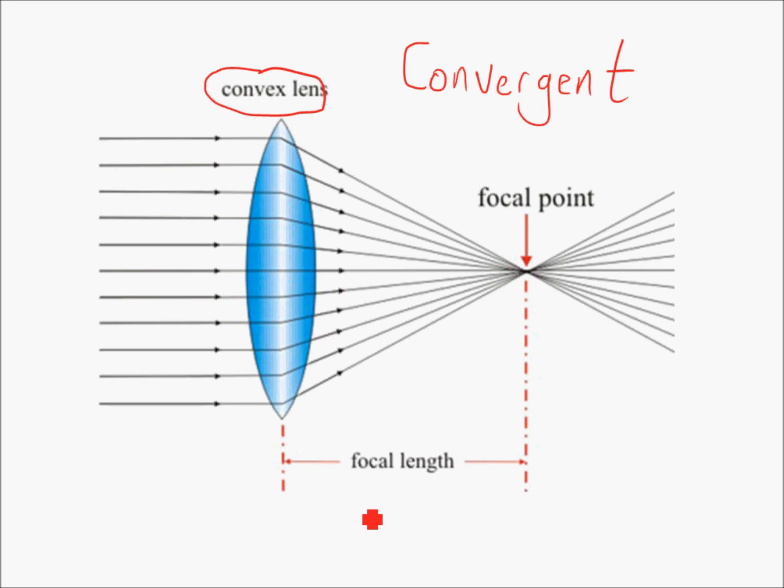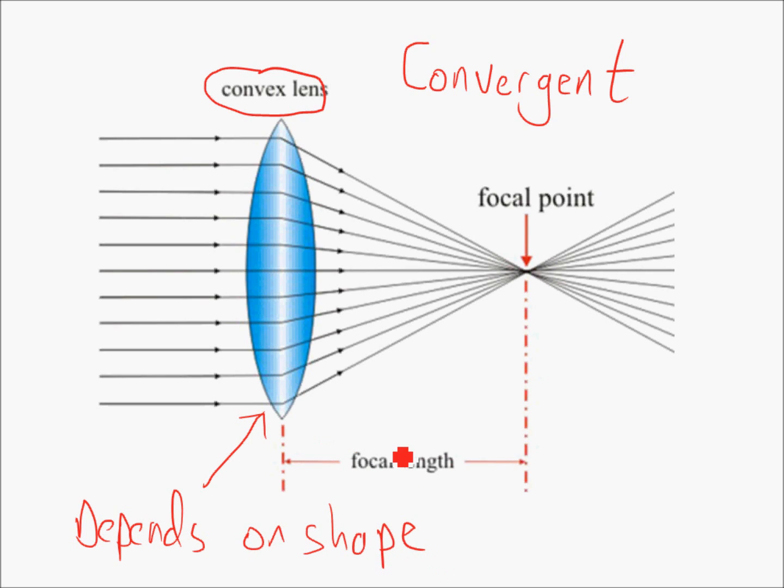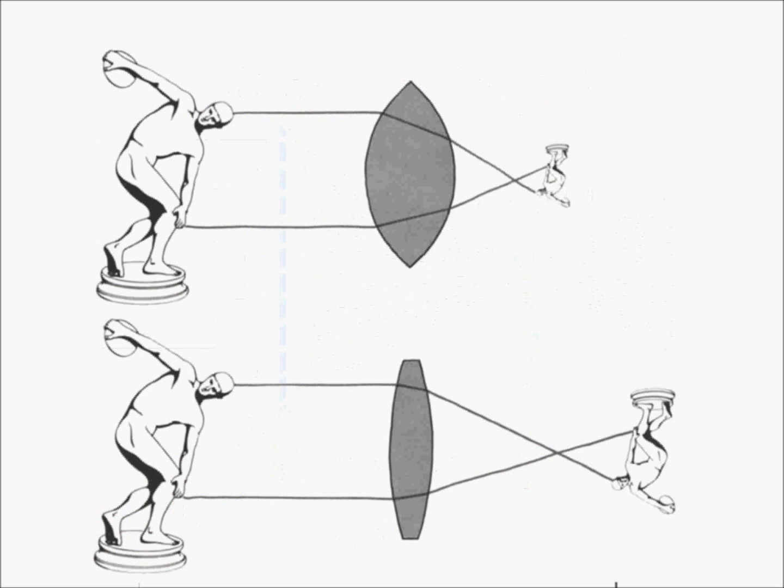And this is a characteristic length that depends on the geometry of the lens, or depends on its shape. So the focal length of a lens depends on the shape of the lens. Alright? And this is how it will vary.